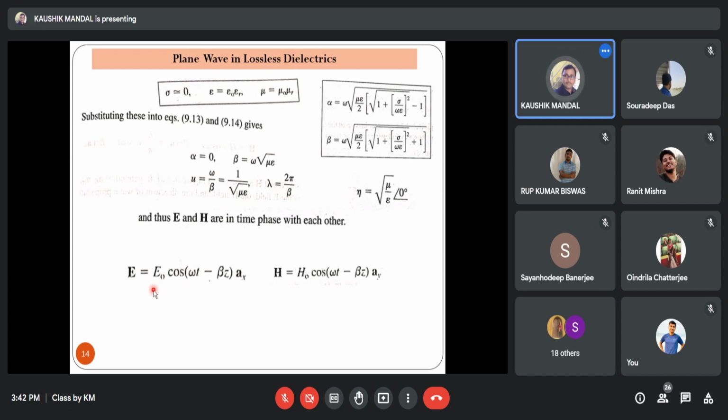So E equals simply E0 cos of omega t minus beta z into Ax. What will be the magnetic field? H equals H0 cos of omega t minus beta z into Ay. There will be no attenuation as this is a lossless dielectric, so the e to the power minus alpha z terms cancel out.